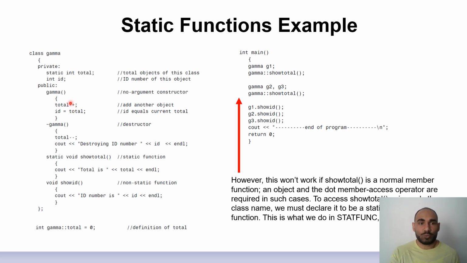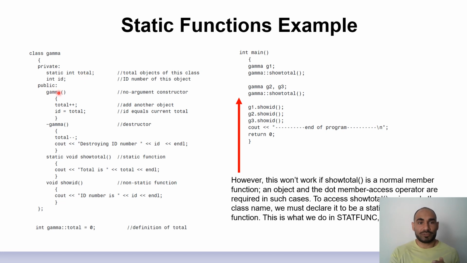And in addition, we have this non-static data member, and this is used to assign a sort of ID to all objects, and every object will have a separate copy of ID. So each time we create a new object, we assign total to this ID. It means initially total is 0.